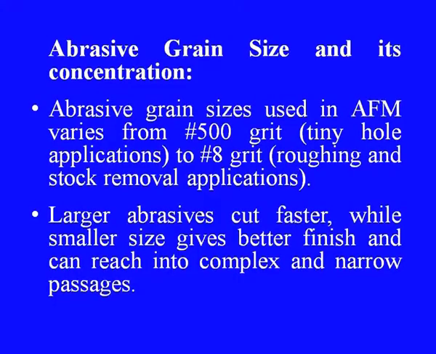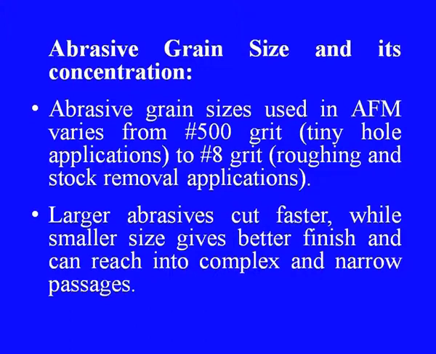Abrasive grain size and its concentration. Abrasive grain sizes used in AFM vary from number 500 grit, which represents tiny hole applications, to number 8 grit, which is used for roughing and stock removal applications.